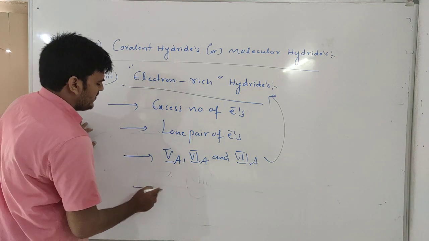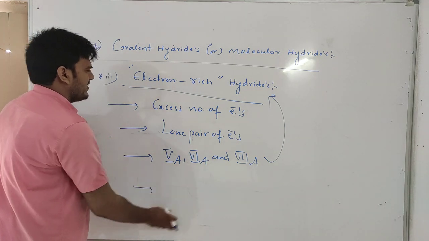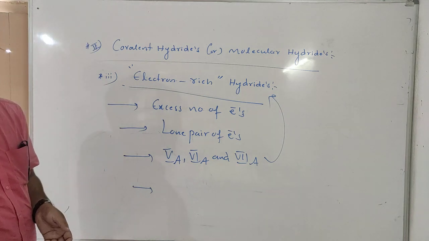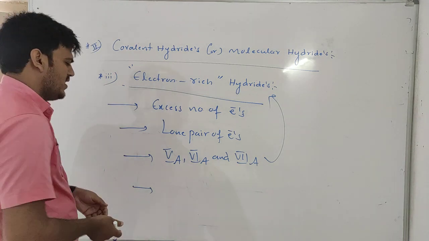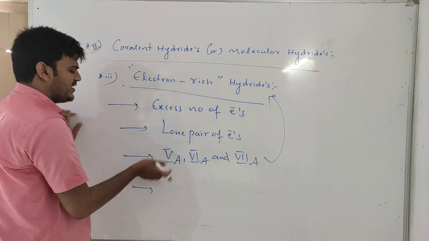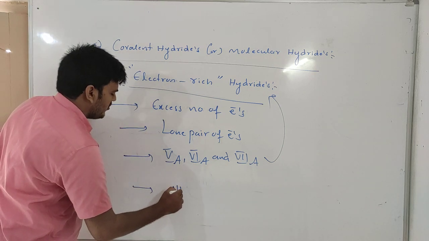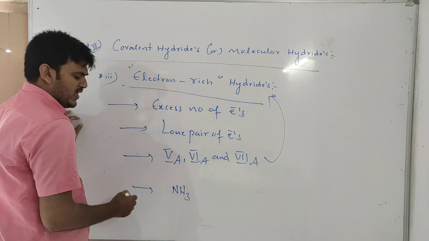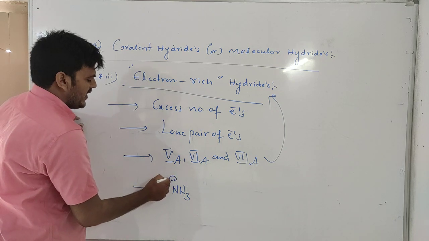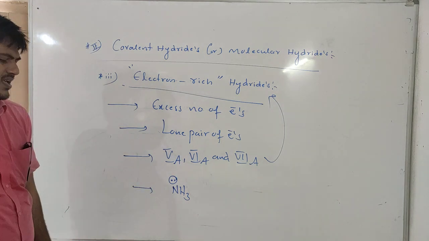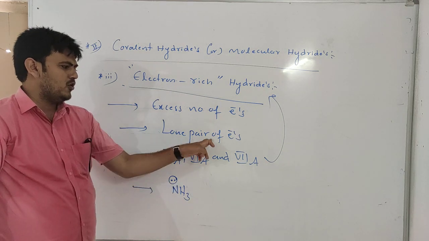For example, the fifth A group elements are nitrogen, phosphorus, arsenic, antimony, bismuth, and the best example of an electron rich hydride in the fifth A group is ammonia, formula NH3. In ammonia, nitrogen has one lone pair, excess electrons, and these excess electrons act as a lone pair of electrons.